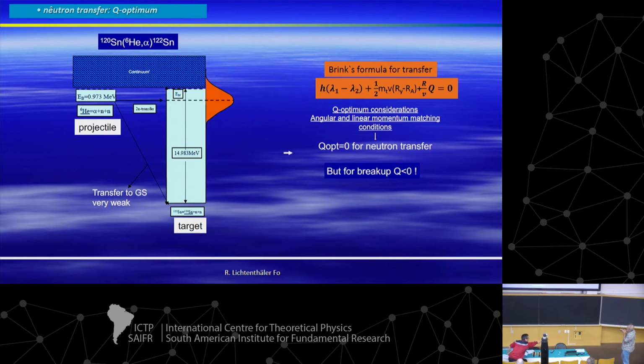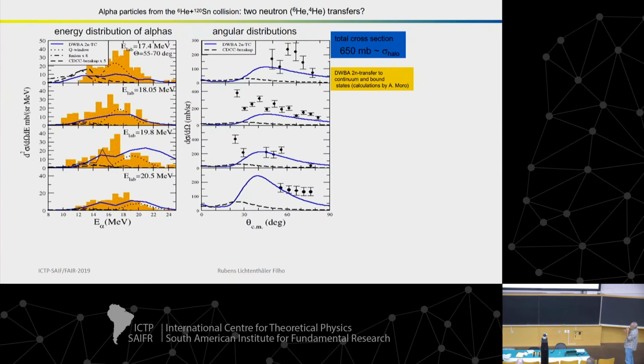So one would expect the energies of the alpha particles to be smaller for breakup than for transfer. So in principle, it's possible to disentangle the two processes. Here are the experimental results.